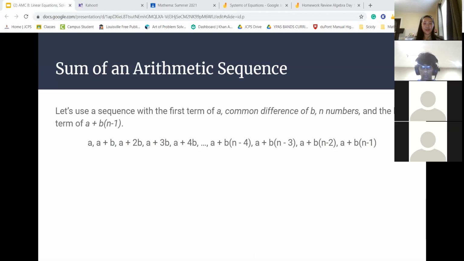So does everybody understand why the terms are written this way?